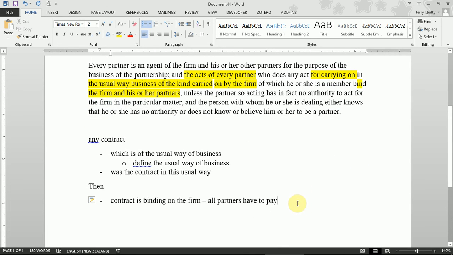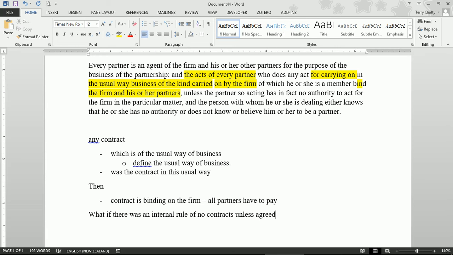Okay. Now there's one exception to this. What if there was an internal rule of no contracts unless agreed by all? Is that a defense? If we look at the exceptions in this section, we have that exception unless the partner had no authority.